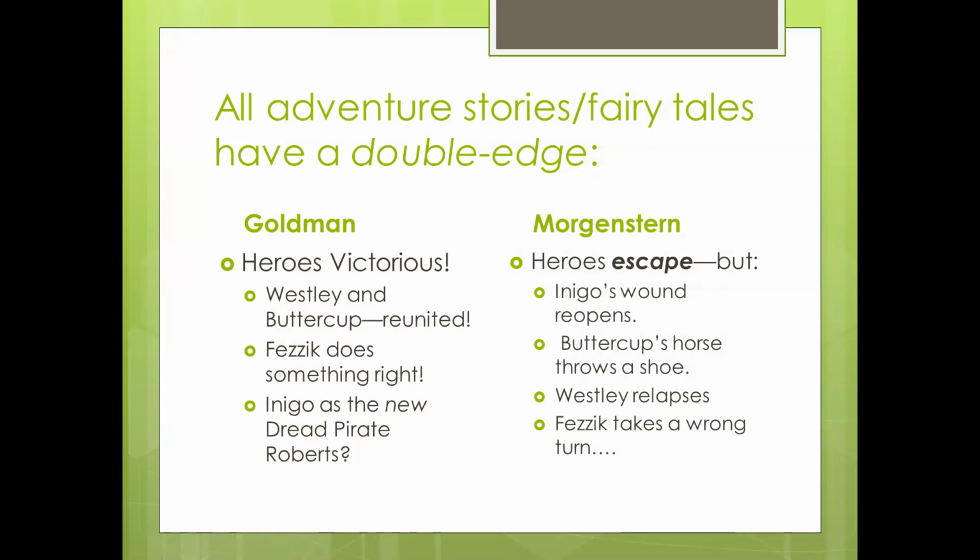In Goldman's version, the version that he repeats and that was given to him or read to him as the good parts version by his father, the heroes, of course, are victorious. And as his father before him explained to young Billy Goldman, the heroes were victorious and they rode off into the sunset and lived happily ever after.